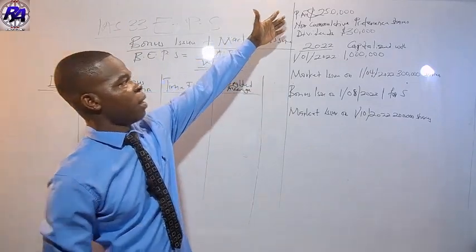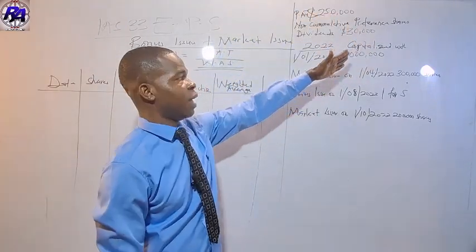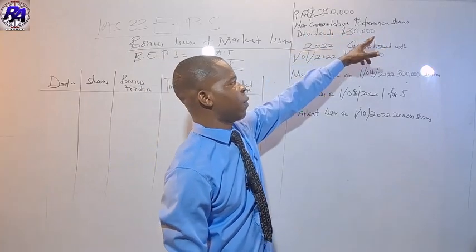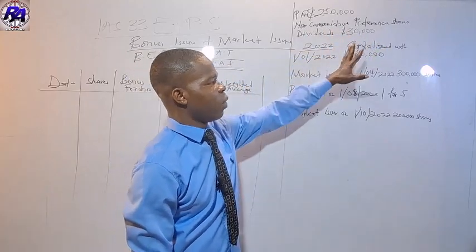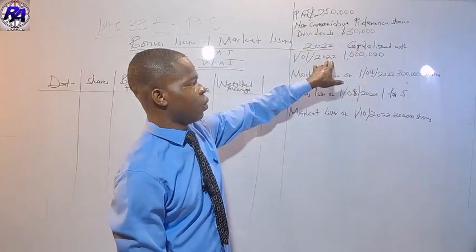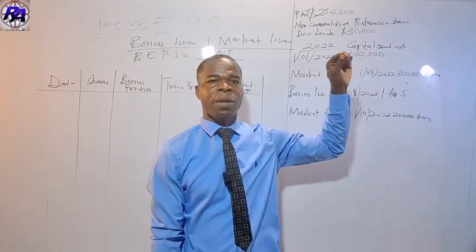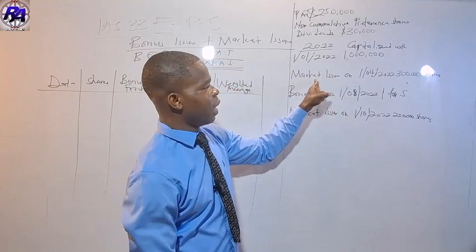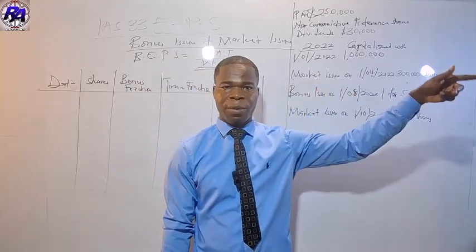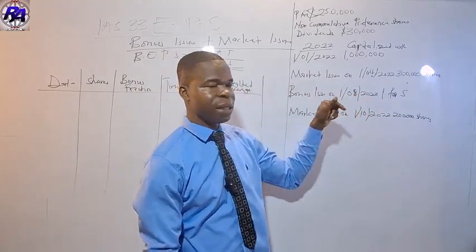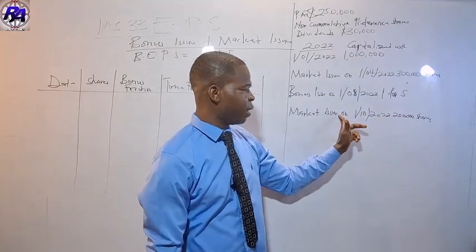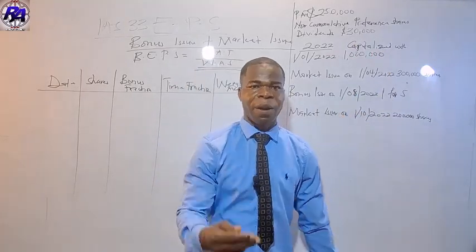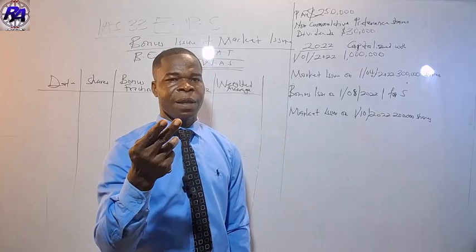So we have profit after tax of $250,000. We have non-cumulative preference dividends of 30,000. Then we have the various issues. So the entity was capitalized with 1 million shares from the start of the business, and made a market issue on 1st of April, a bonus issue on 1st of August, and a market issue on 1st of October. Now the question is, what is your basic earnings per share?